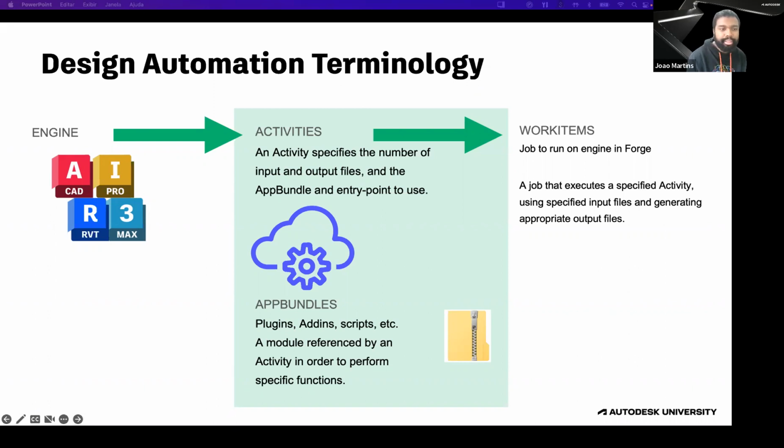You can either start without an input file at all. You can do it based on a template. It's just the code that takes advantage of the API itself. If you have a plugin, an add-in, a script, it's just like that. It's a plugin that runs using the API.